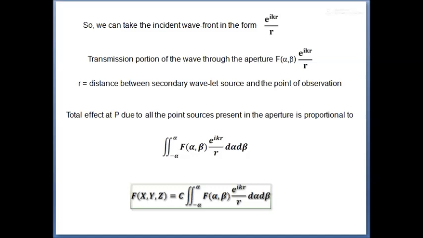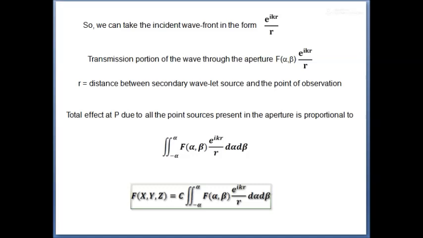So the quantity propagating through the aperture must be proportional to this function: f(alpha, beta) e^(ikr)/r. Now r is the distance between the secondary wavelet source and the point of observation. How can you consider this r?